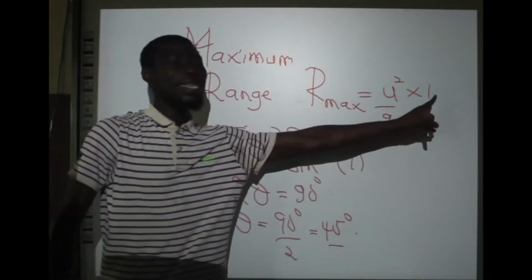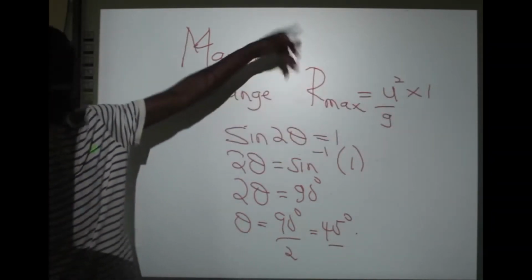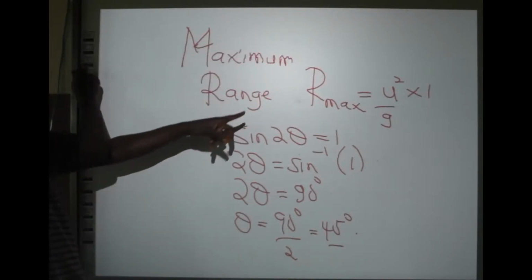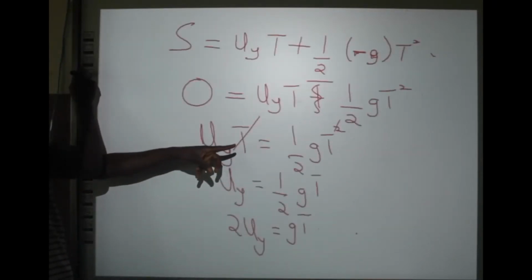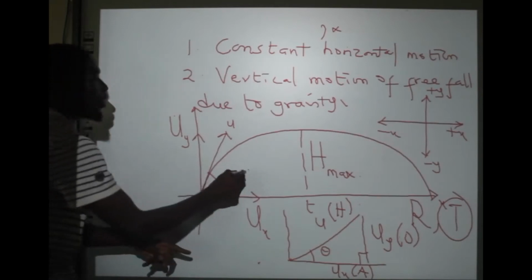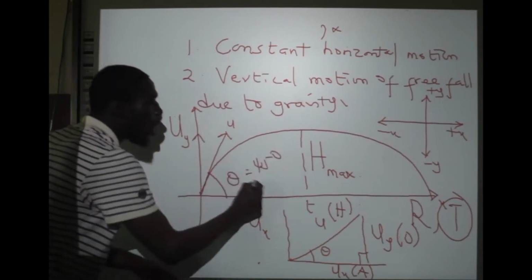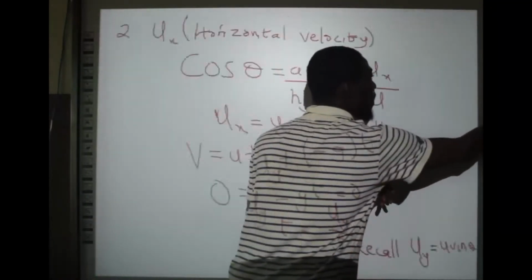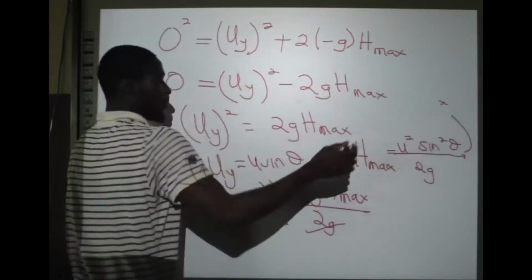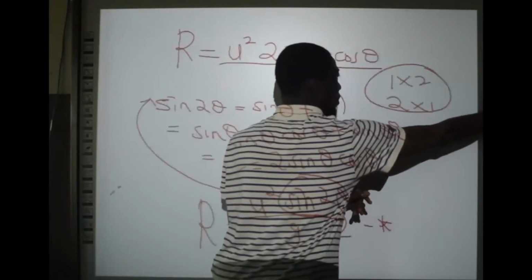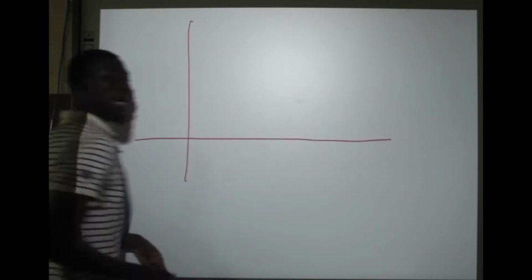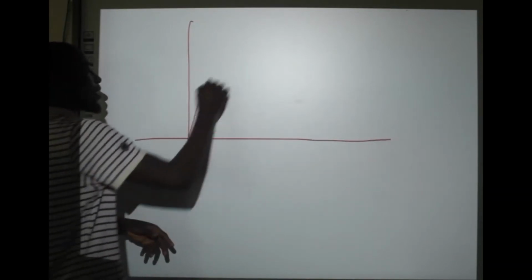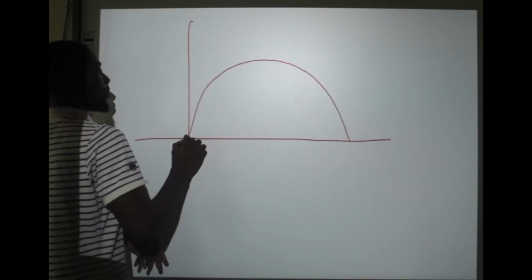So that is for you to have a maximum range. That theta, that is the angle which the projectile must make with the horizontal, must be equal to 45 degrees for you to have a maximum horizontal distance covered. So that is why you will see some projectile graphs, some of the horizontal distance will be like this.